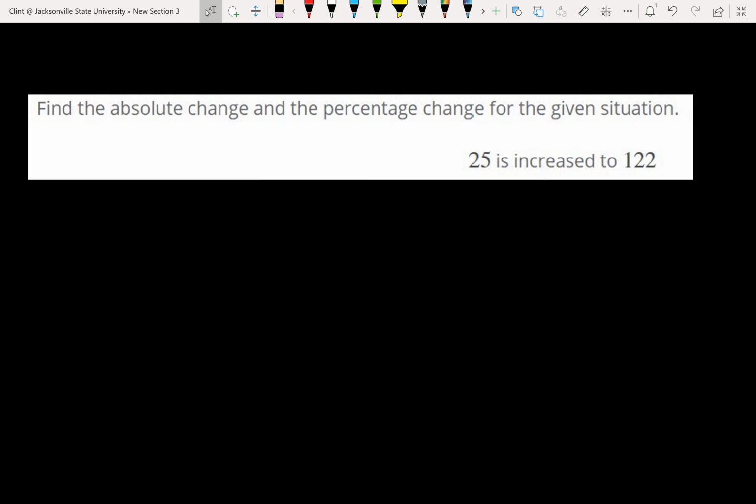Okay, look at another one. This says find the absolute change and the percent change. And we're starting with 25. It's important to keep up with which one you're starting with and which one you end with. That's our start, and this is our ending value.